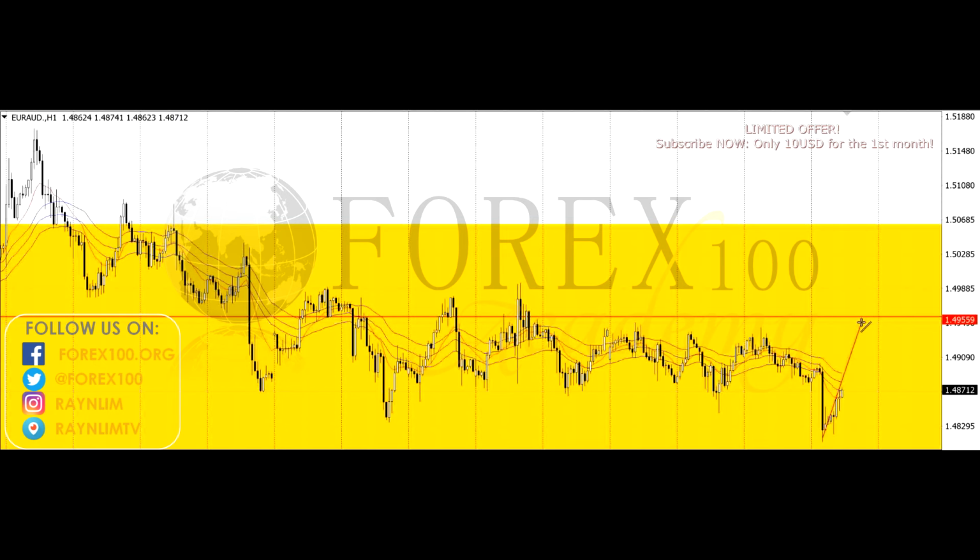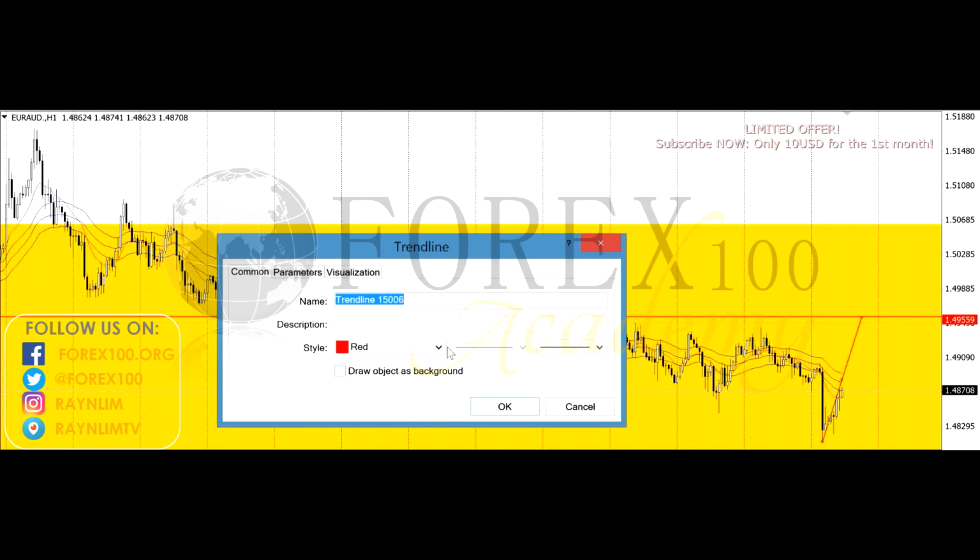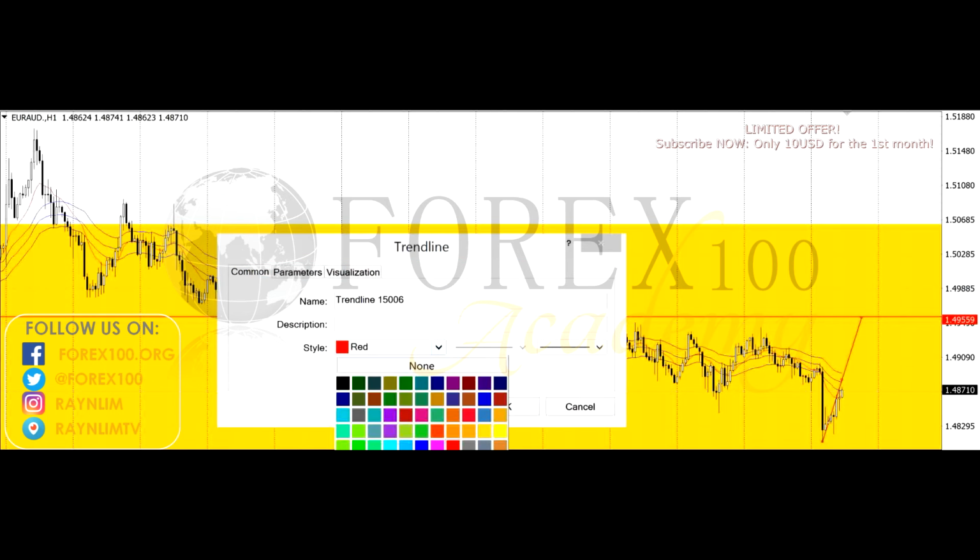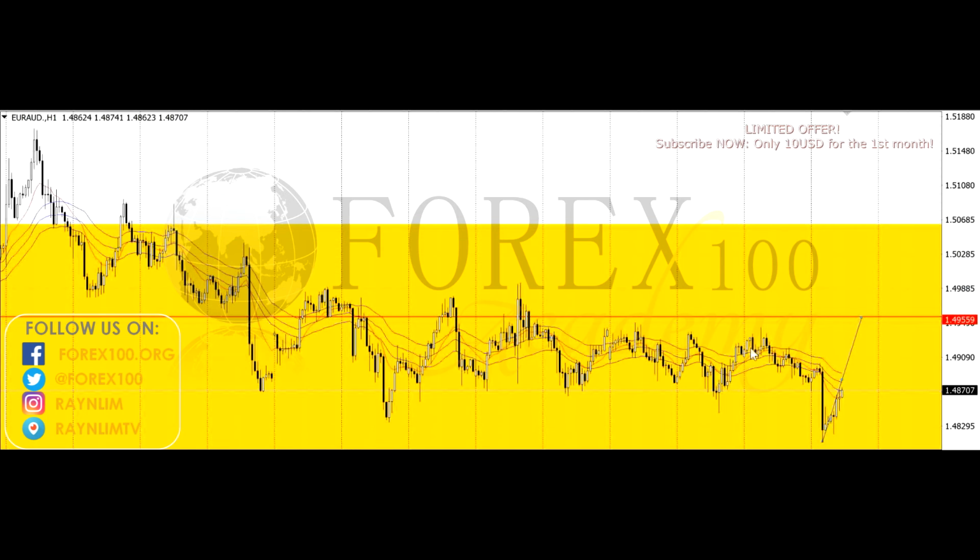So I'm waiting for the market to go up. Let me see what color I should choose. Alright, so let's say I wait for the market to go up, and let's say it came back down a bit to test the previous resistance, which became support, and went back up again at the same level, 1.4955.